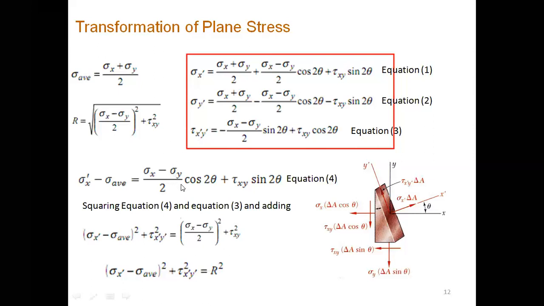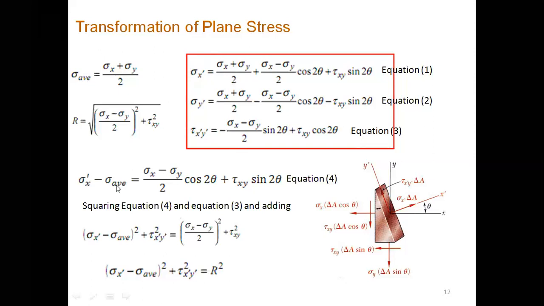Now what we are doing, as this quantity here, sigma x plus sigma y by 2, we are putting this as sigma average. You will see it in the coming slide. And I am bringing this quantity, sigma average, to the other side of the equation. So we would have sigma x prime minus sigma average, because on the other side it would become minus.